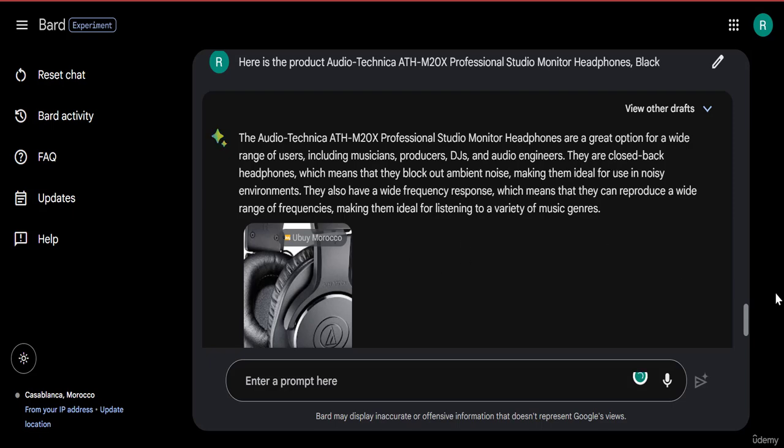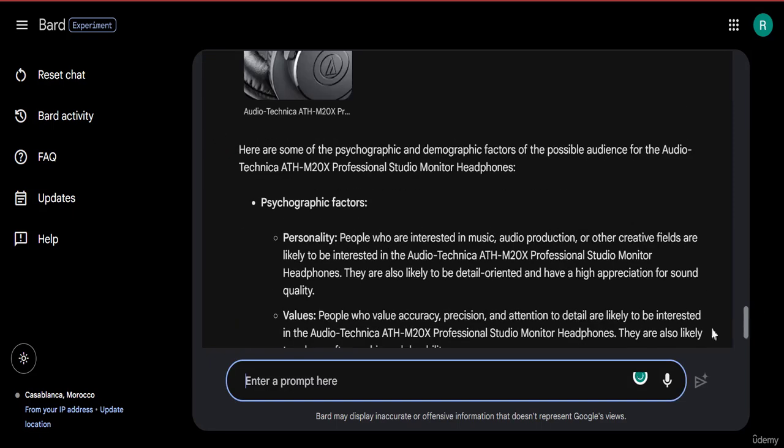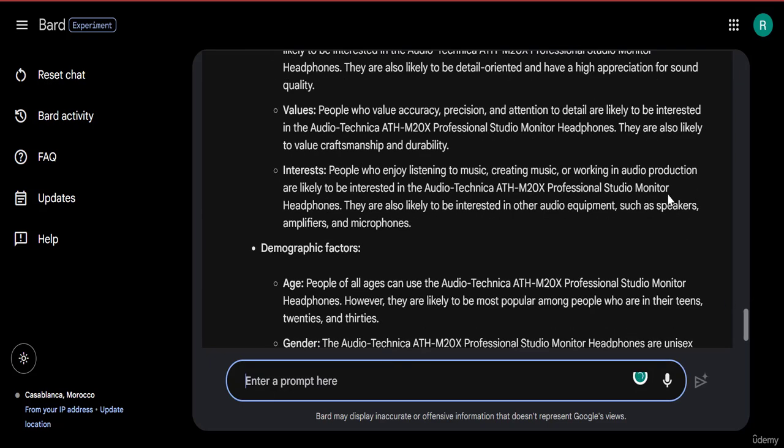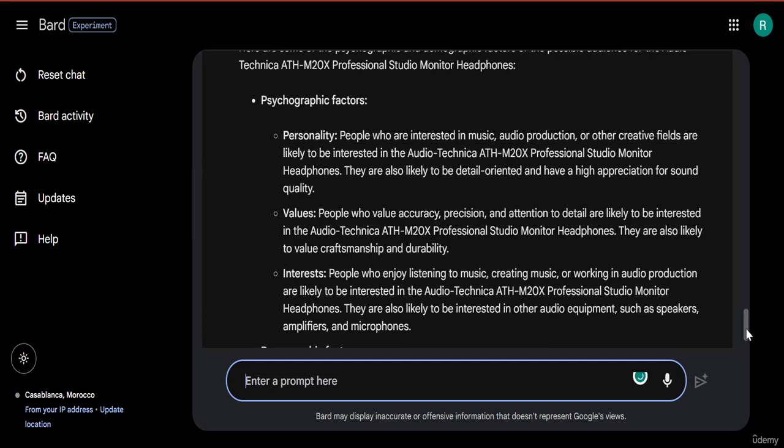And so here they're telling us our target audience. Now, the psychographics factor, right? So they're telling you that people that usually buy these products are from this audience. Let me just scroll to the top. People who are interested in music, audio production, or other creative fields are likely to be interested in the mic. Values, people who value accuracy, precision, and attention.